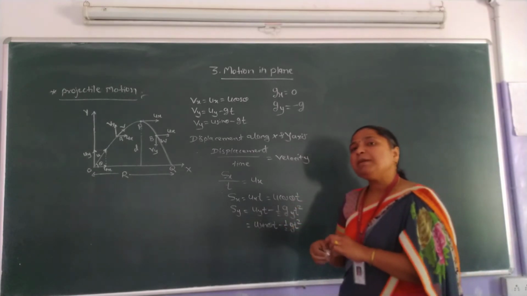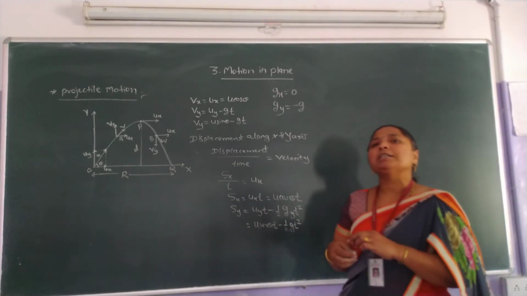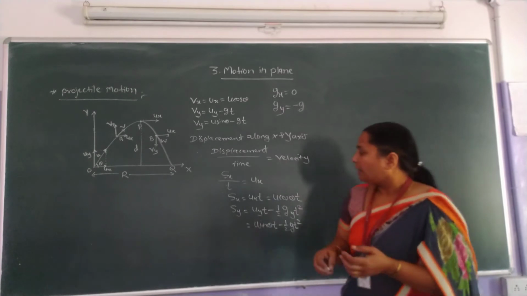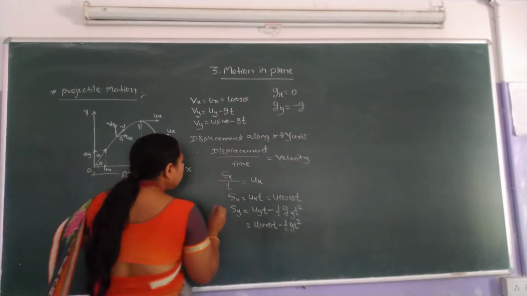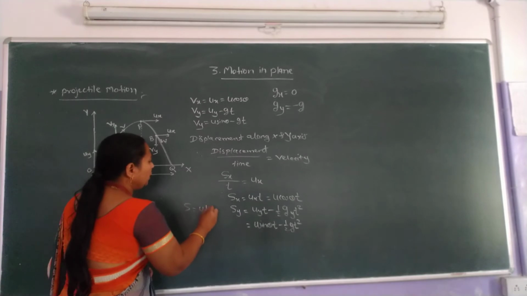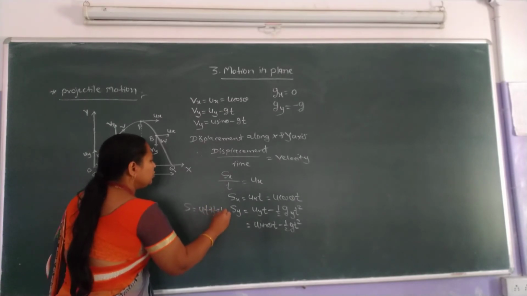Similarly, the displacement formula is S is equal to ut plus half at square.